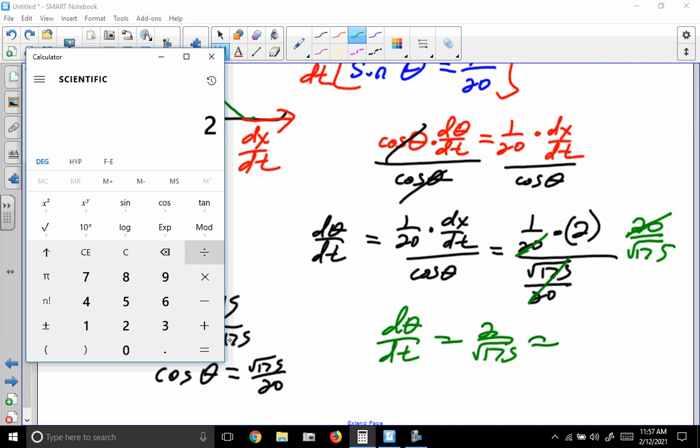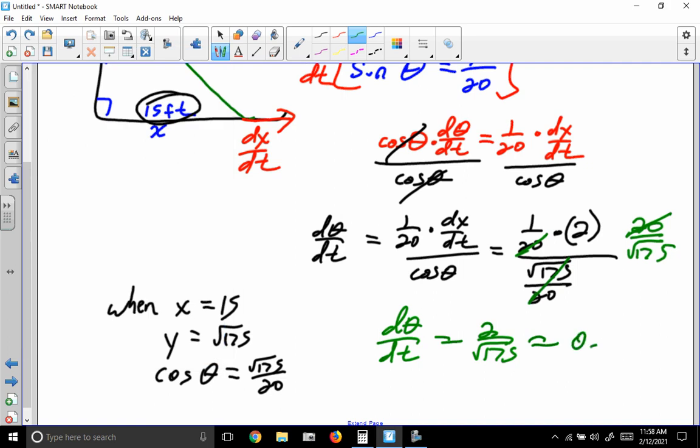So take 2 divided by the square root of 175, and that's about 0.151. Our angle is not in degrees, it's technically unitless, so that would be considered radians. Our time is in seconds. So that lets us know how fast that angle is changing over time.